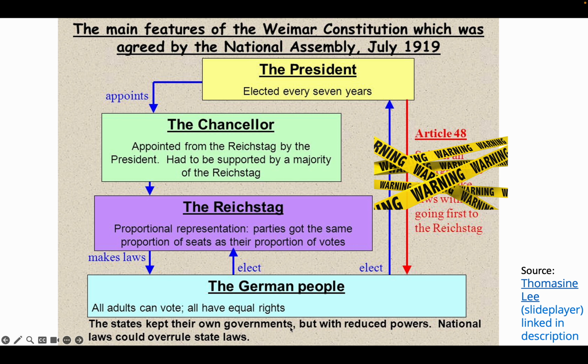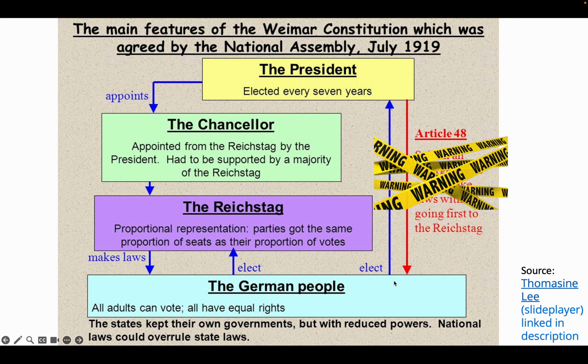Now, the states kept their own governments, kind of like the US, like Alabama or California, but Germany also has its own states. They had reduced powers, so the Reichstag was more powerful, and national laws could overrule the state laws.